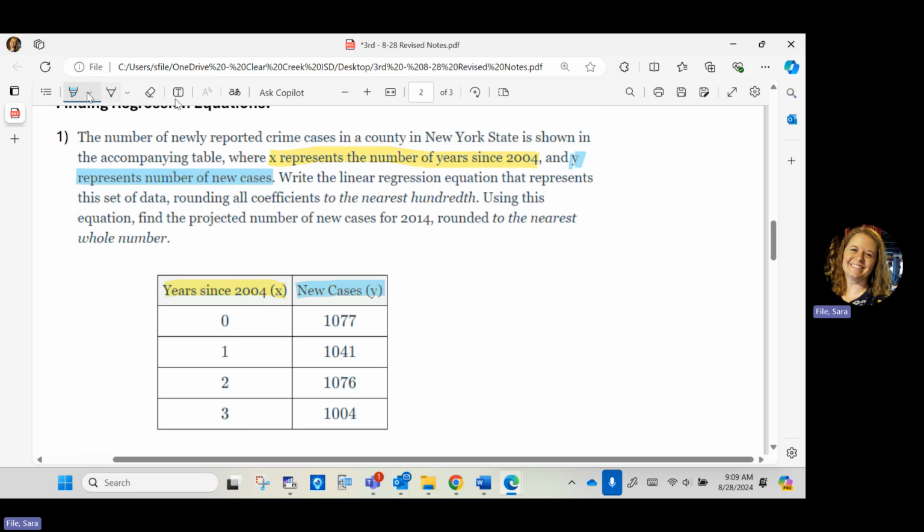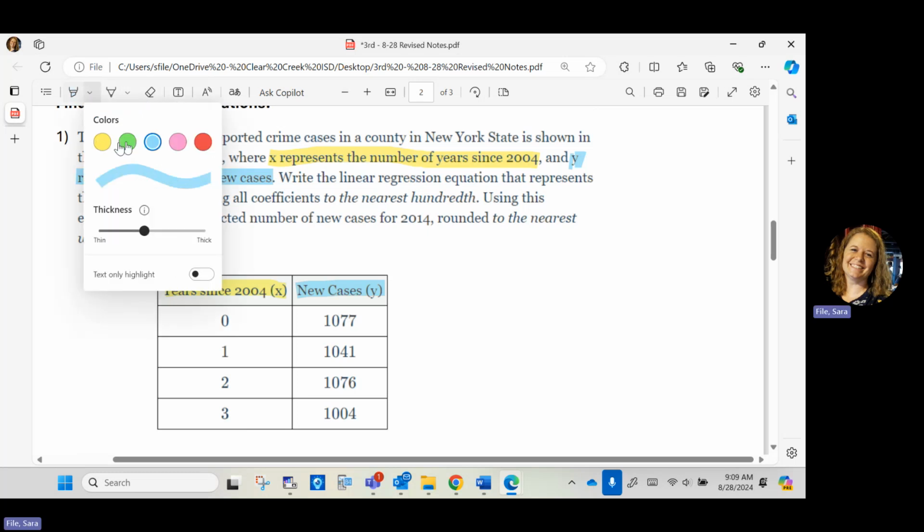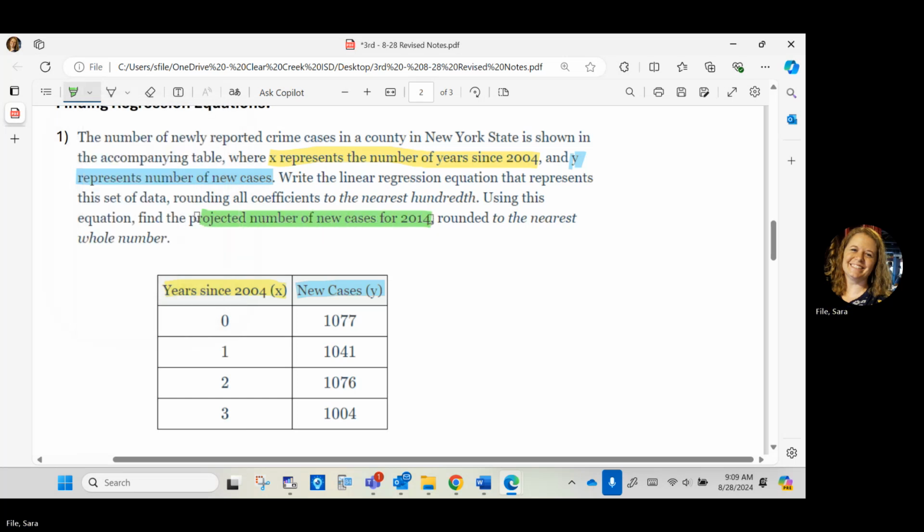Now, before I jump into inputting that data, we just said that X is the number of years since 2004. So in 2014, what is my X value going to be? How many years since 2004 is 2014? 10 years.